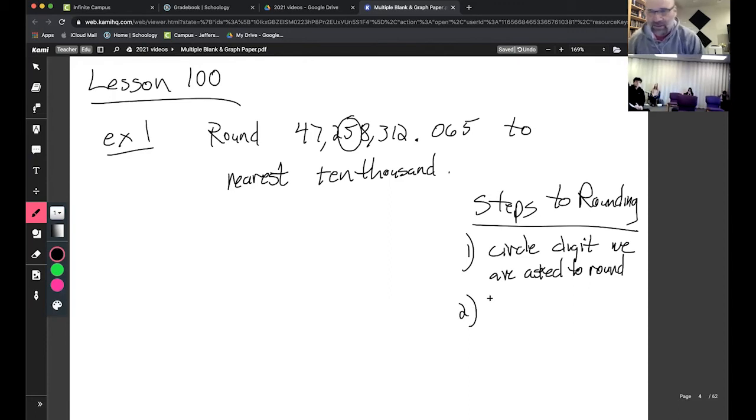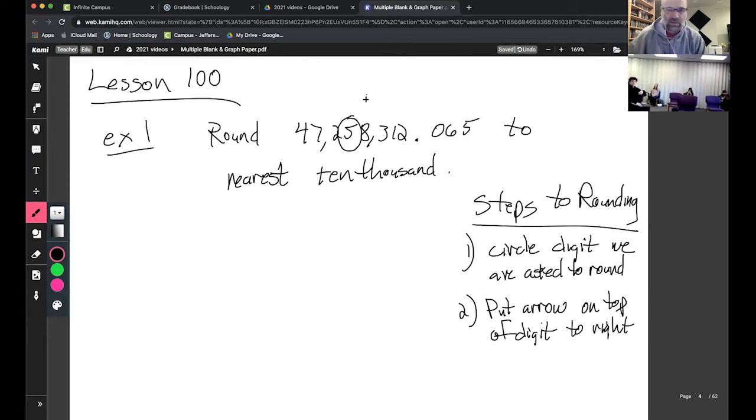All right, and then, I know it's silly, but we're going to put a little arrow on top of the number, the digit to the right. The only reason we do this is now it's easier to describe what we're doing. Digit to the right. So we're going to put an arrow on top of the 8.